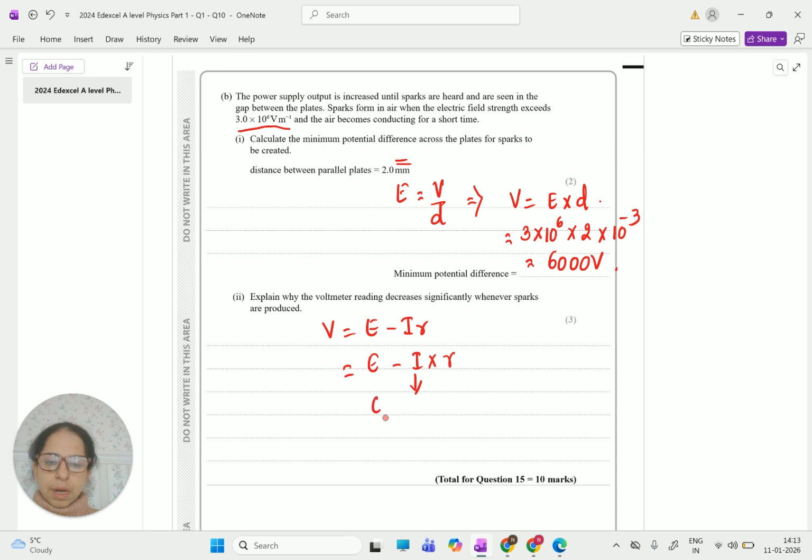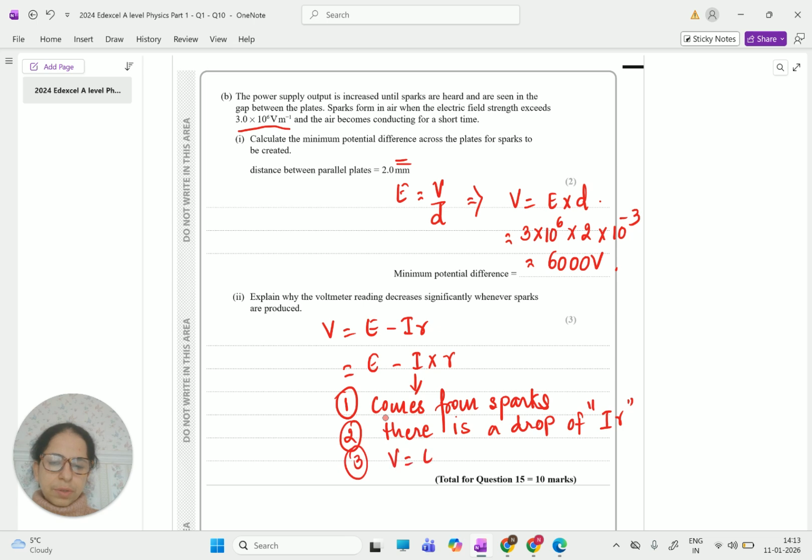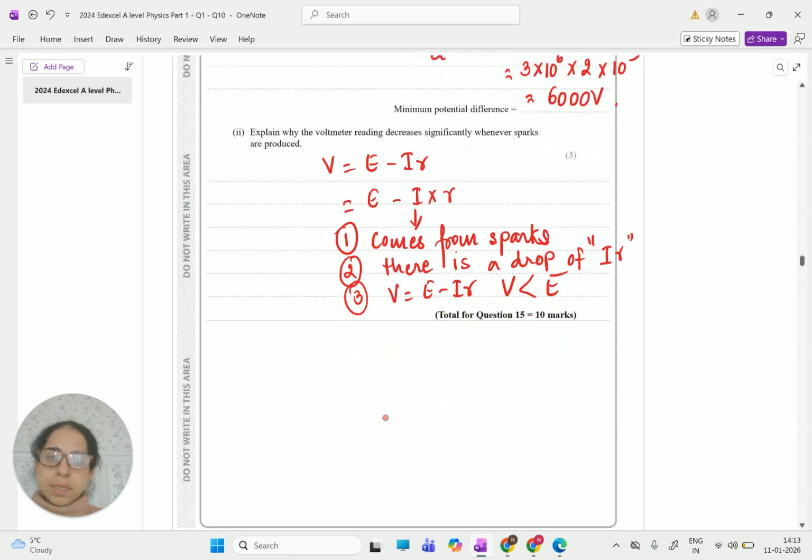So this current comes from sparks. Because there is a current, there is a drop of IR, hence using V equals E minus IR, V is less than E. That's it, simple, if you understand.